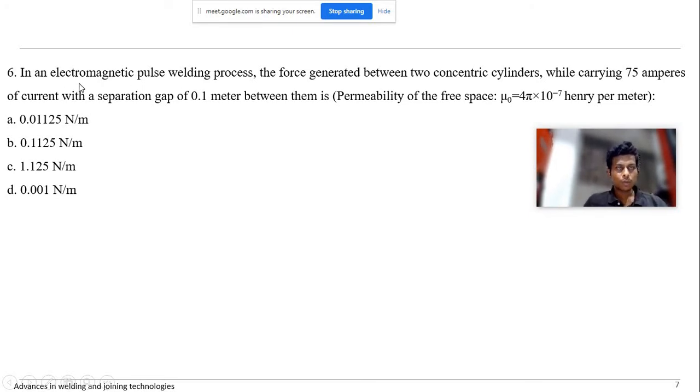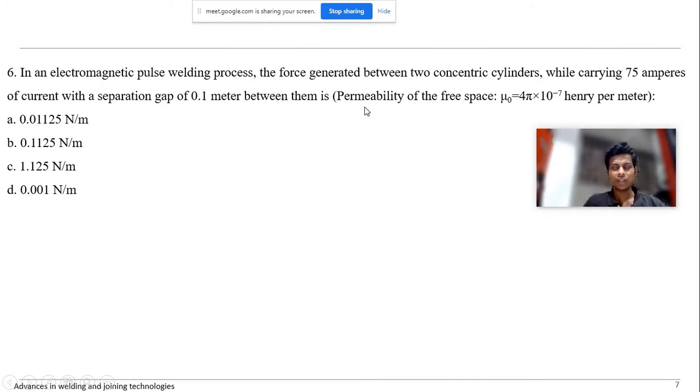Now one more problem: in the electromagnetic pulse welding process, they have mentioned the force generated between two conductors carrying 75 amperes with a separation gap of 0.1 meter, and the permeability of space is 4 pi into 10 power minus 7 Henry per meter. This is all in SI units, and the current is also in SI units.